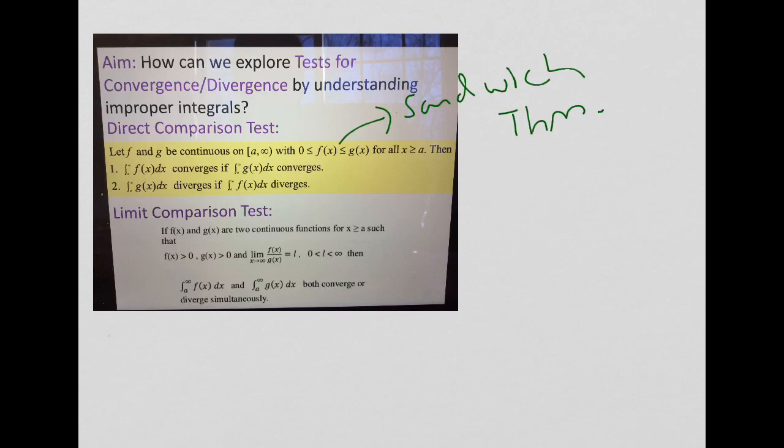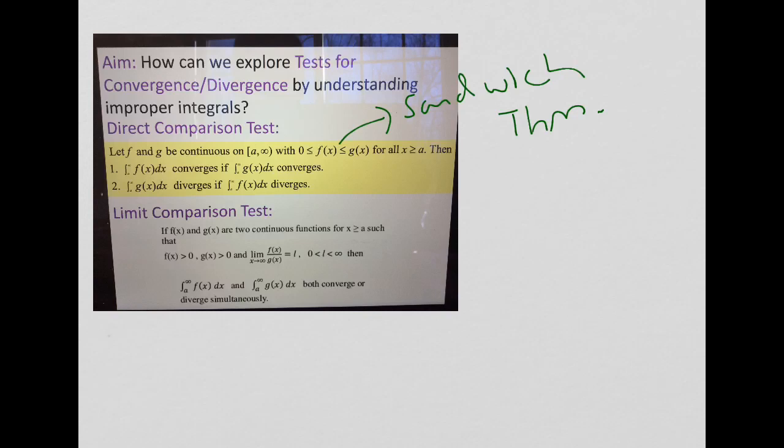So you're taking a comparison between two different functions, and 0, where y equals 0 can be considered another function. So we're sandwiching it in there to understand what's going on. But there's two different ways to look at it.